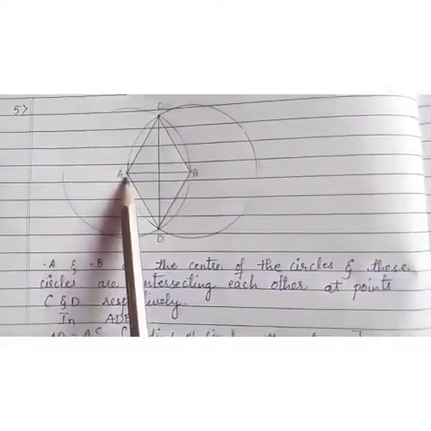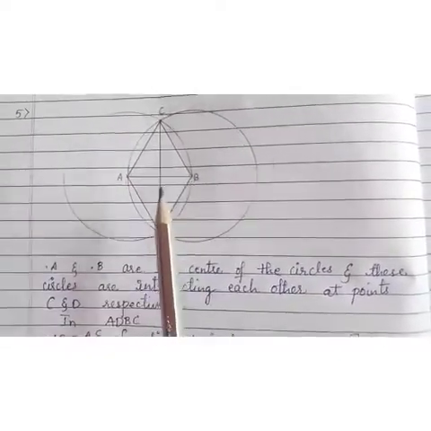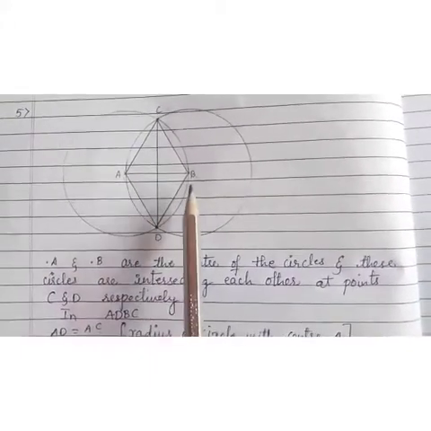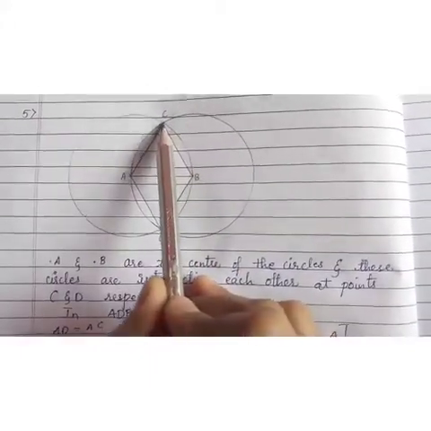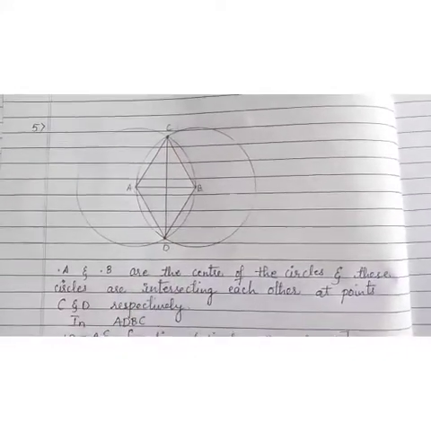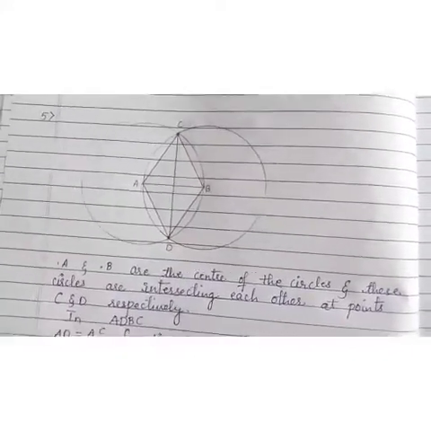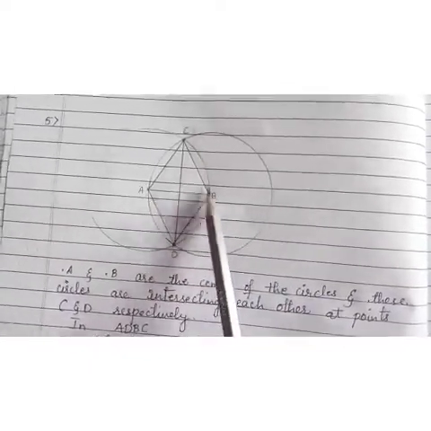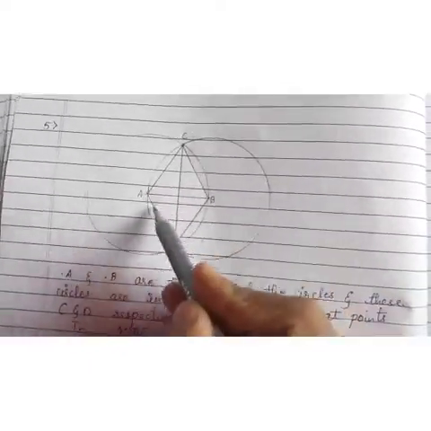Now point A and point B are the centers of the two circles, and these two circles are intersecting at the points C and D. Is it clear? Now in this figure A, D, B, C, I have constructed this.